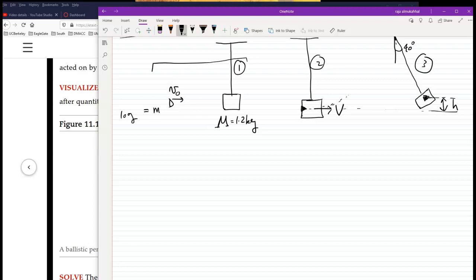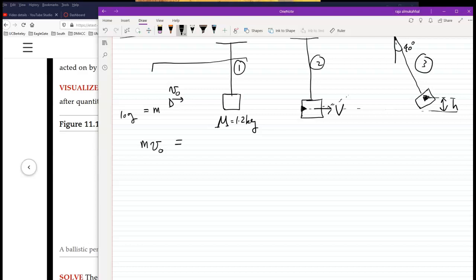So what is the momentum here? By conservation of momentum, we have the mass of the bullet times the velocity of the bullet. Of course, there is no momentum for the block, so I'm just going to ignore it.